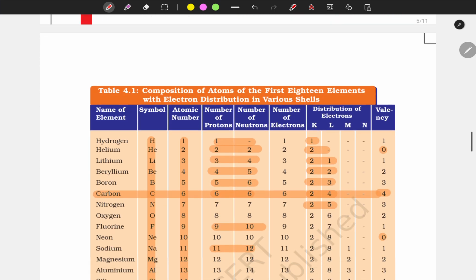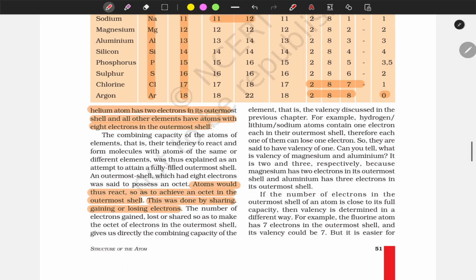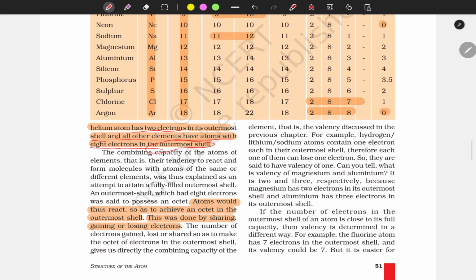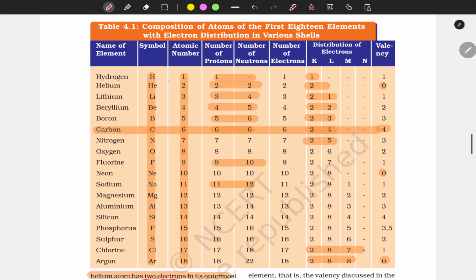So these inert elements, which are not reactive: the helium atom has 2 electrons in its outermost shell, and all other inert elements have atoms with 8 electrons in the outermost shell. Here is another graph. Hydrogen has atomic number 1, number of protons 1, and valency 1 because it needs 1 electron to get stable.